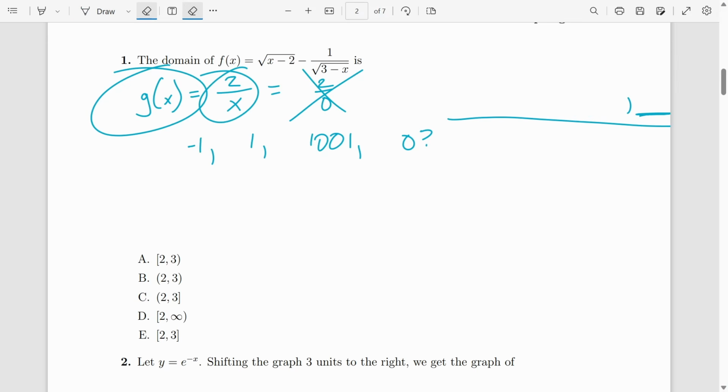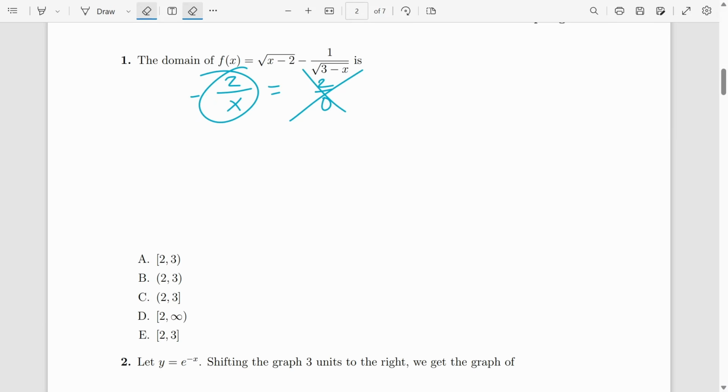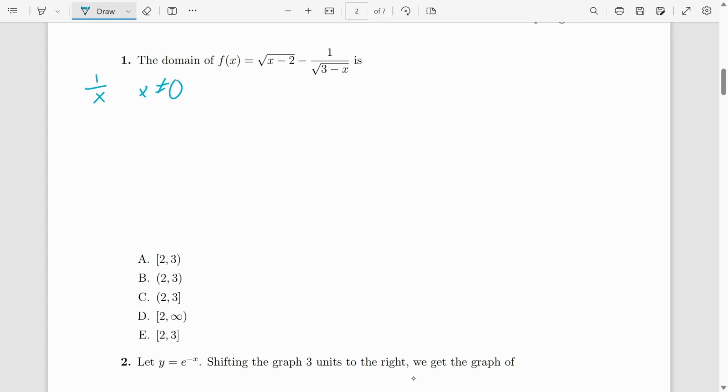So that's basically what domains are, just what you can plug into functions, and it'll actually spit out a valid, real answer. There's a couple of ways that can happen where when you plug in a number for x, it'll be undefined. The first one I just said is if you try to divide by 0, then x cannot equal 0.